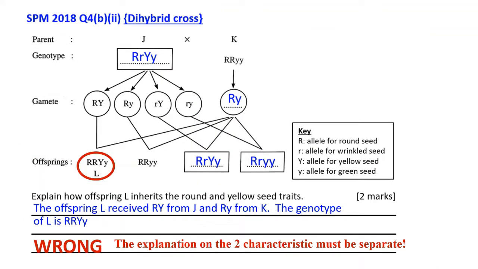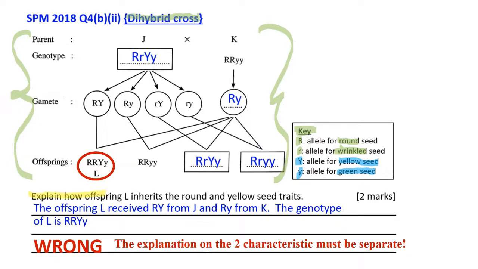Another genetic diagram involves a dihybrid cross. So this is the genetic diagram. And the key: big R is the allele for brown seed, small r, which is recessive, for wrinkled seed, big Y for yellow seed, small y for green seed.